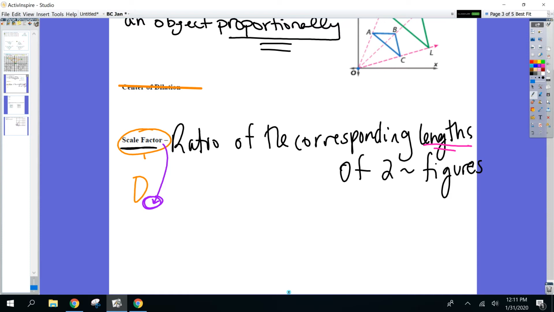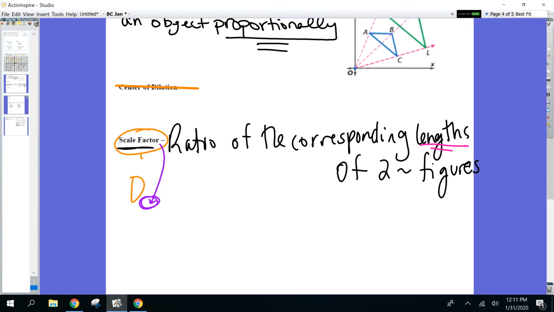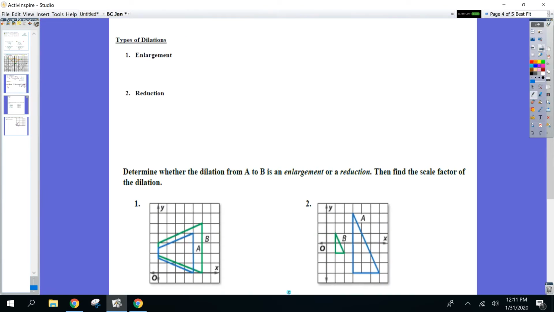So now I want you to put two together for me. Enlargement. Think about it. What do you think the scale factor would be for an enlargement? What number do you think would be there that says, I know without even looking at a diagram, that's going to be an enlargement? 3?